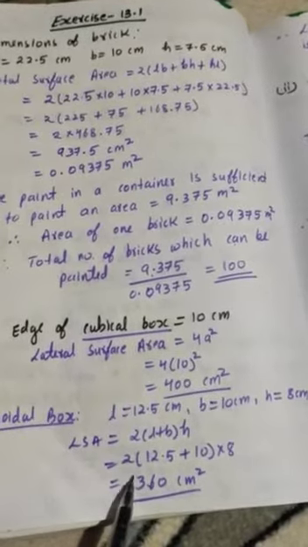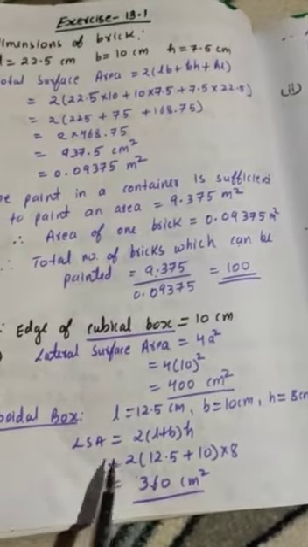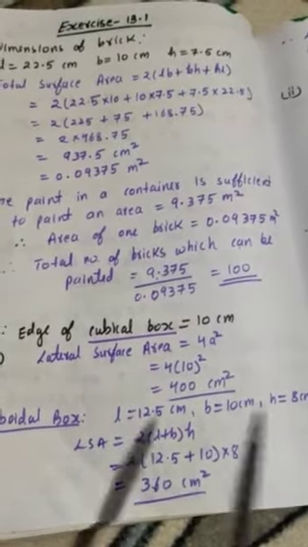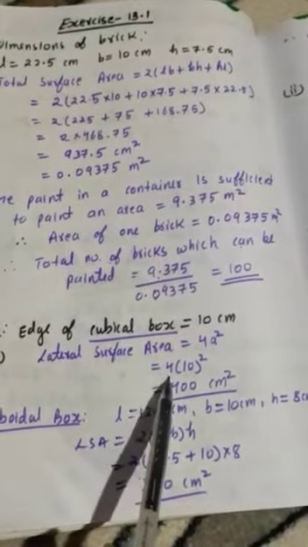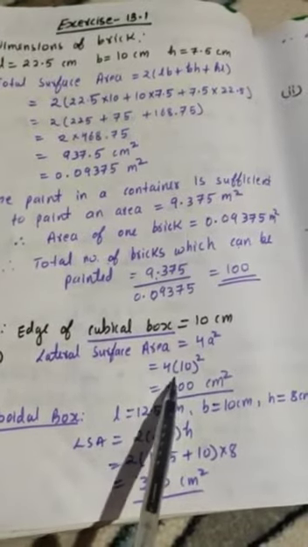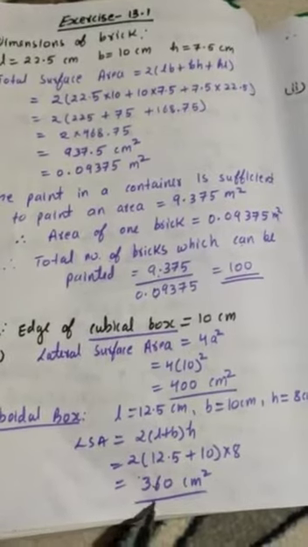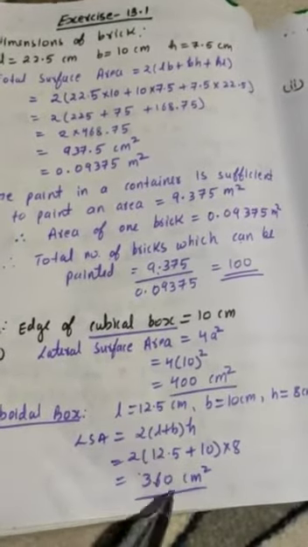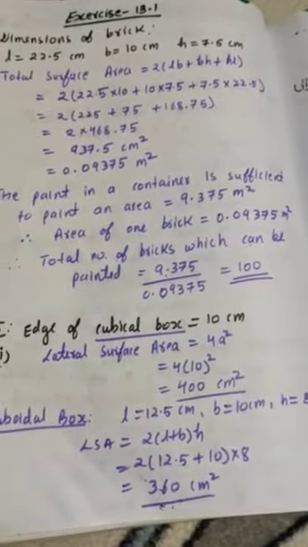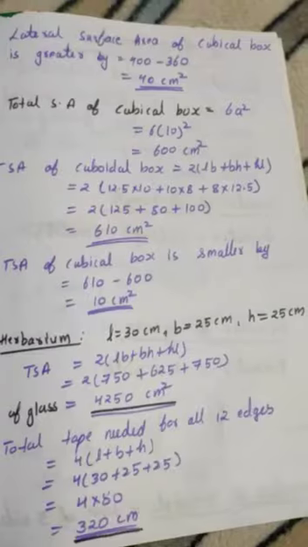The question was whose lateral surface area is greater and by how much. You can clearly see the lateral surface area of the cubical box is greater, and by 40 centimeter square, since 400 minus 360 is 40 centimeter square.